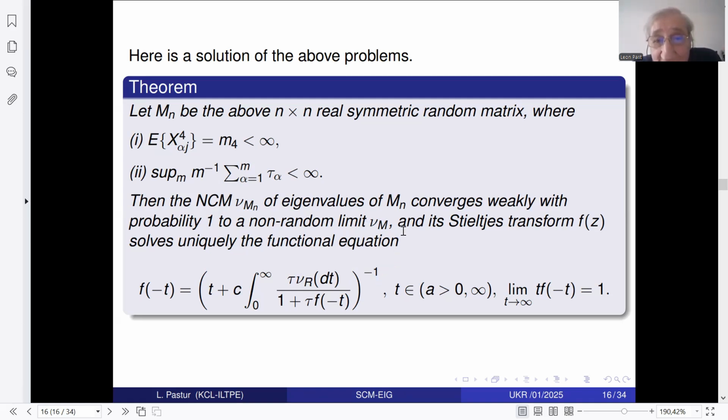But if you pass from nu to f, from the measure to its Stieltjes transform, you are able to write, so to say, an explicit equation. And this is a good job, because we started from an infinite number of parameters, an infinite number of x's, an infinite number of taus, and nevertheless you ended up with just one single equation. In my opinion, it's not so bad.